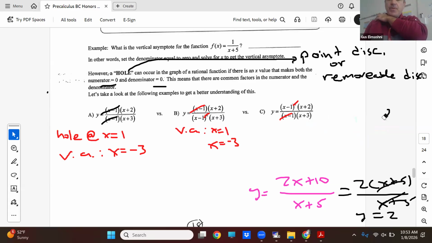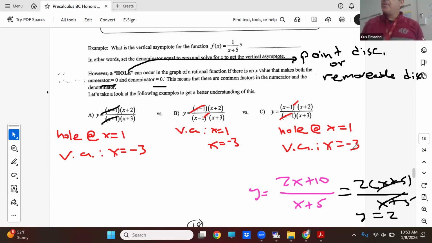And then for part C, do I have any holes? No. Actually, no, sorry, you do. My apologies. You do. You do. I'm losing my mind. Of course you do. And a vertical asymptote at x equals -3.